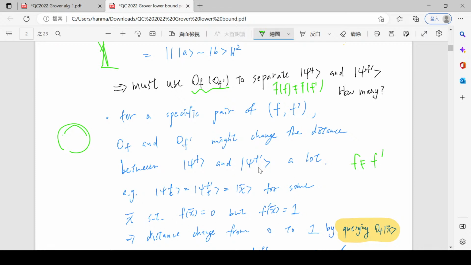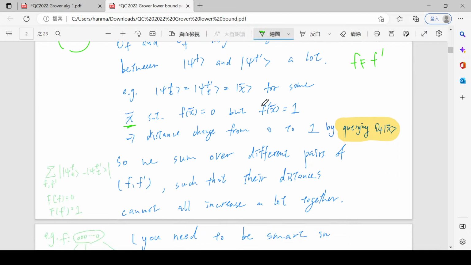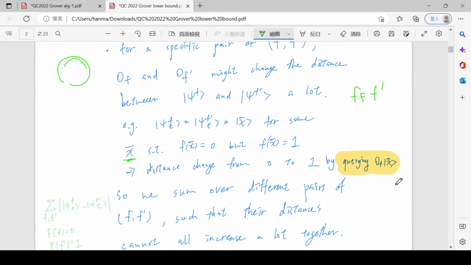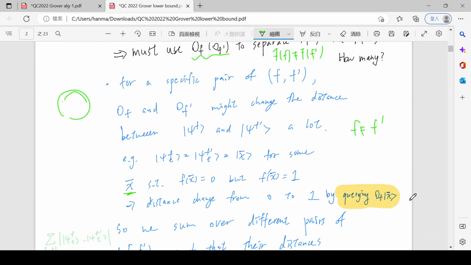Without loss of generality, let's say the location is x bar, and let's say we are doing search, so f is the all-0 function and f prime has a 1 on it.